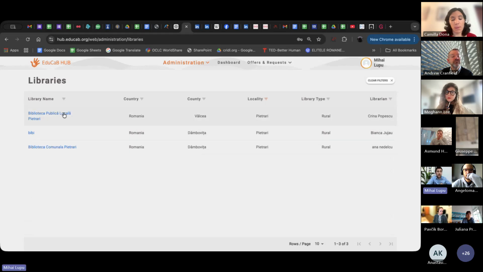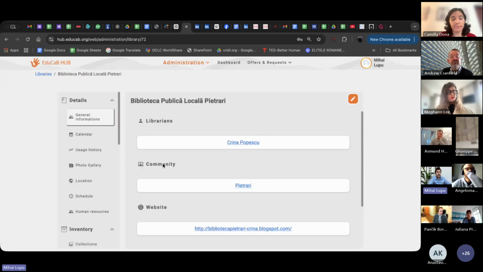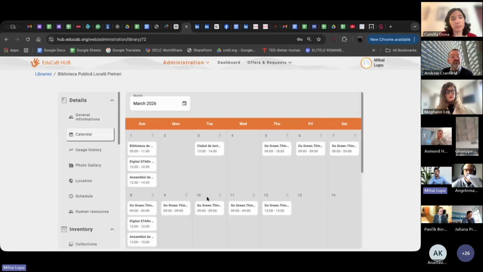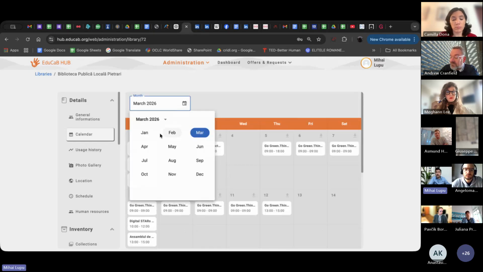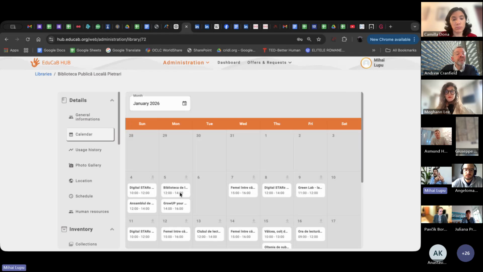If you take this public library in Vâlcea County and open the calendar, we've added a functionality where the librarian can build her own calendar of events and activities. For each of these activities, she can also connect an indicator or index of democracy. And then at the end, she can see what areas she focused on more during a period of time.